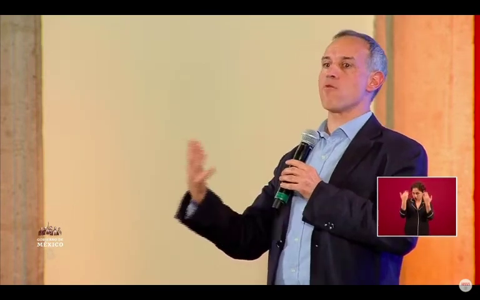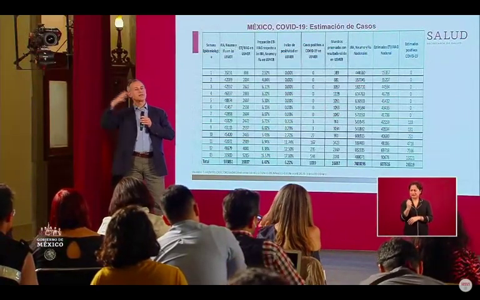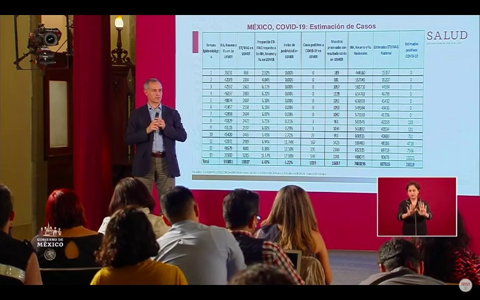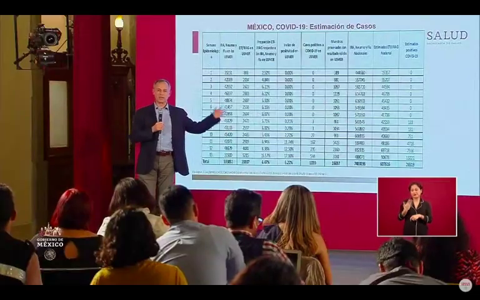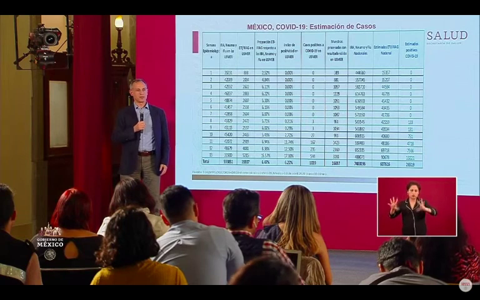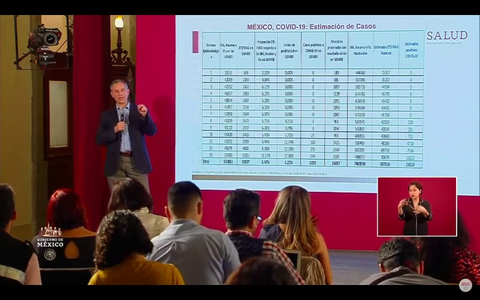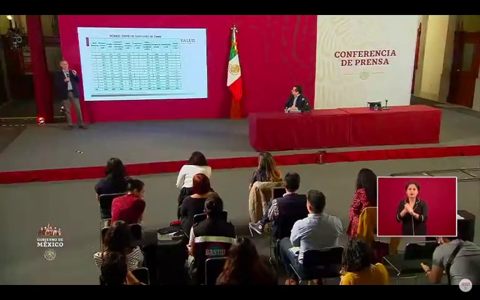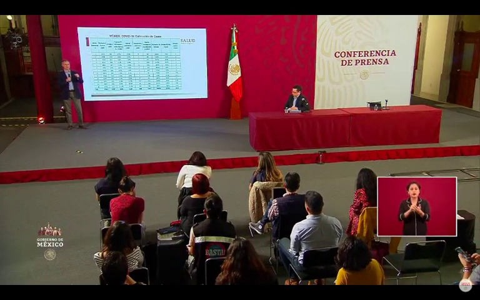So listen to what I'm saying: 375 units out of a universe of 26,000 units. Someone who doesn't know anything about epidemiology might think, how is it possible that we only have over 300 units out of 26,000? Well, because there is a methodology designed to ensure that this sampling and this monitoring are effective.